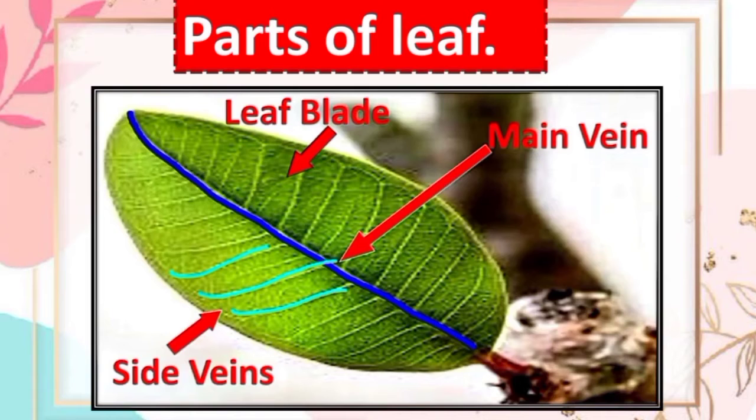So these are side veins, and you can see one line in the middle of the leaf. What is it called? Yes, it is called the main vein. So this is the main vein of the leaf, and here there are side veins of the leaf.